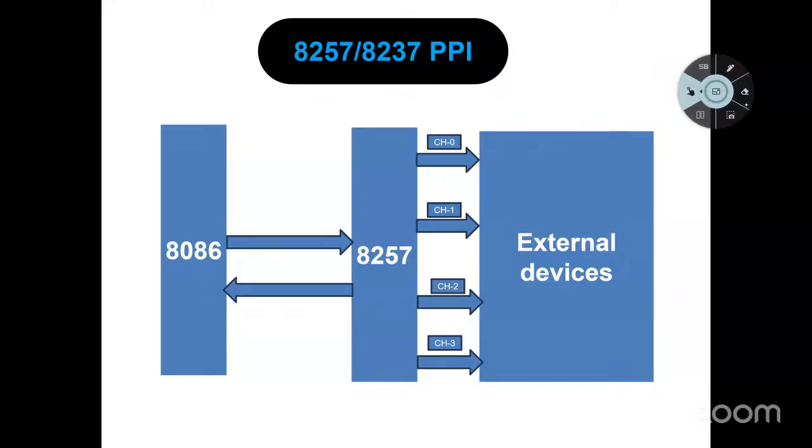Here you can write the 8086 pin structure, then the 8257 pins, then channel 0. Connect by this. Say there are four LEDs; each LED can be connected, then send the data.